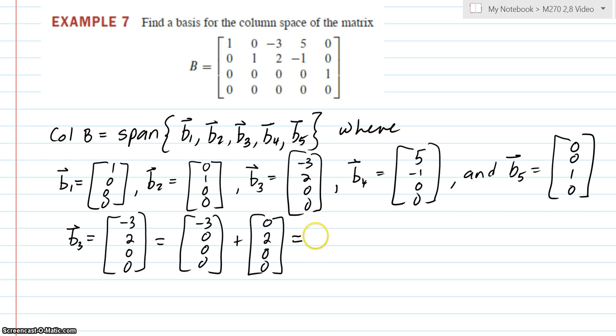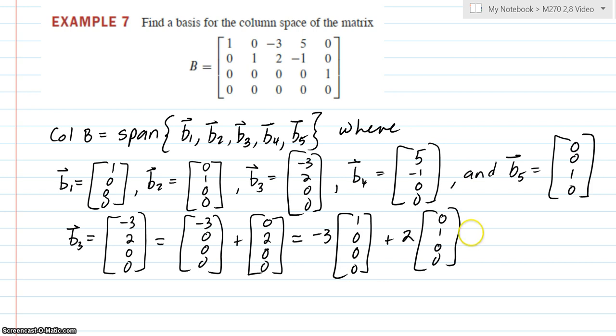I can rewrite that as -3 times this vector plus 2 times that vector, which I realize in this case doesn't always work out this way. We'll talk about when it doesn't. This one is B1 and the second one is B2. So I notice this relationship.